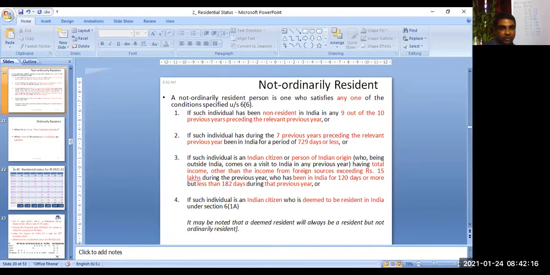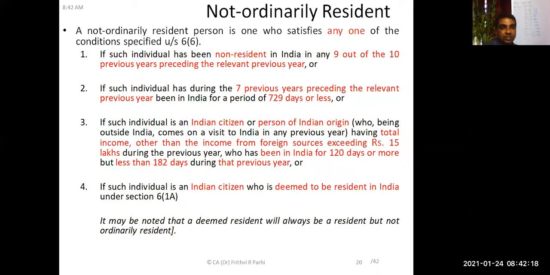Yes. Now, I think you are reading the first condition. Such individual has been non-resident in India in 9 out of 10 previous years preceding the relevant previous year. In that case, that person will be referred to as not ordinarily resident. As you know, any of these 4 conditions needs to be satisfied if you want to call that person not ordinarily resident.